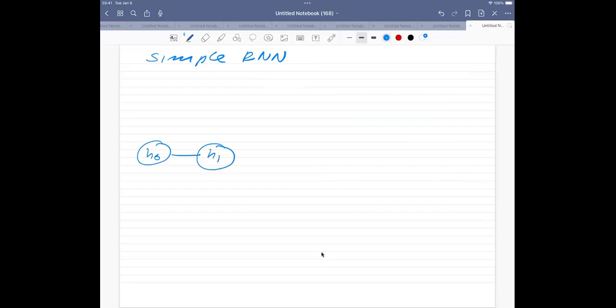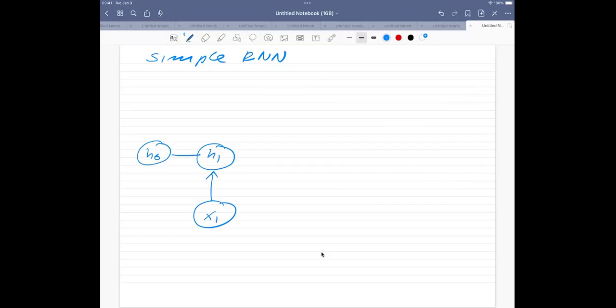Then I'm going to have some input X1 here, which feeds in here. This could be you measuring the blood pressure of a patient. So X could be that specific act of measuring the blood pressure of a patient. So you have some external probe, which then acts on a patient.